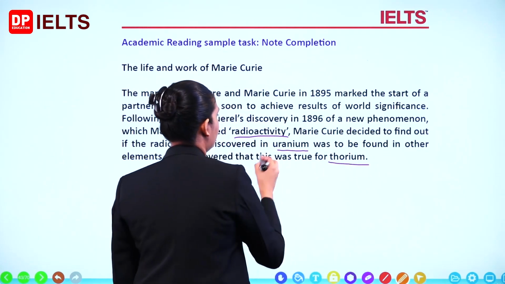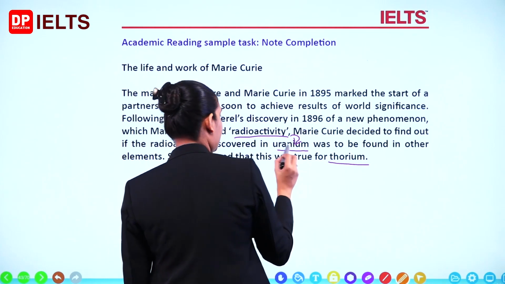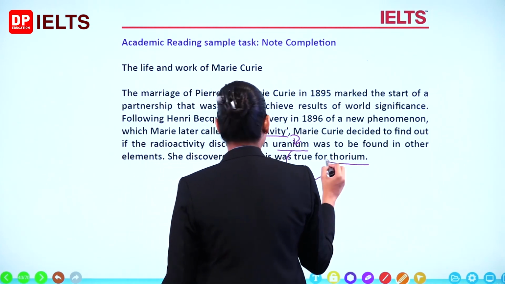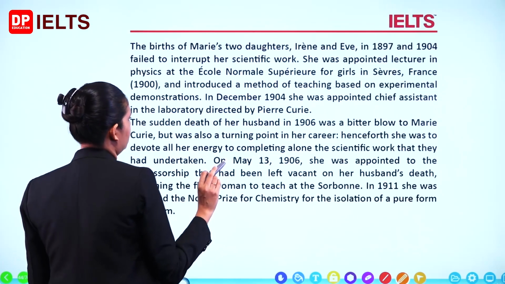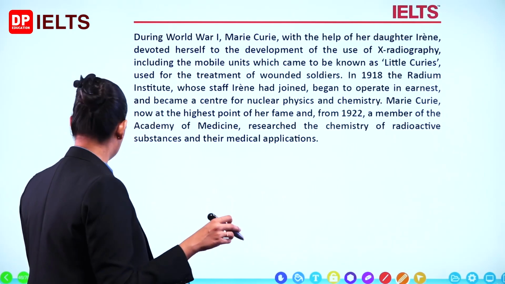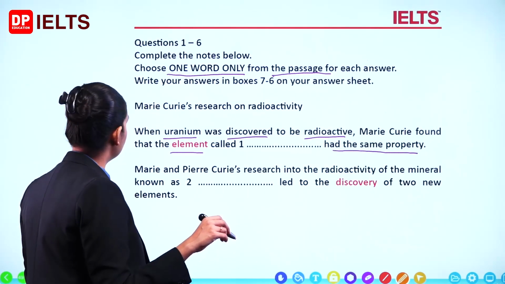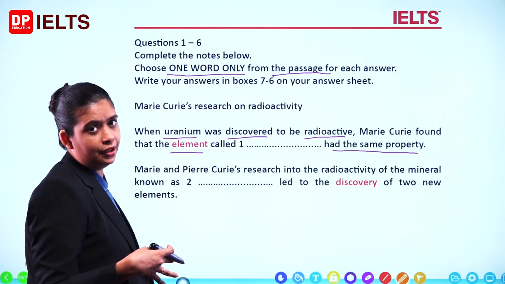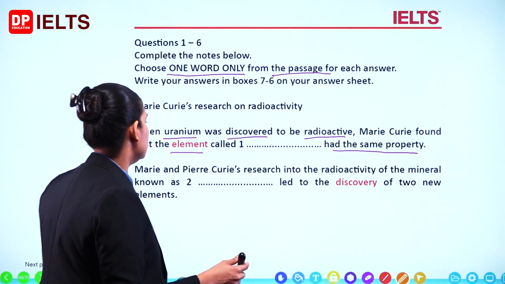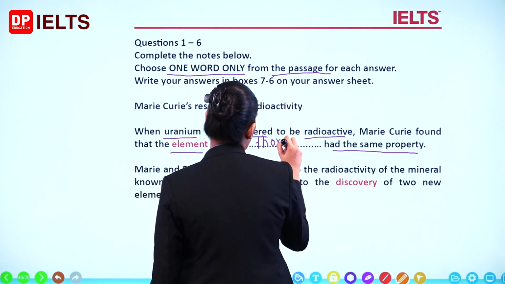So radioactivity was discovered in uranium, and was it there in the others? Yes, it was there in thorium. So the answer is going to be thorium. Usually in multiple choice and these kinds of completion questions, the answers come in order, so we'll go like that.